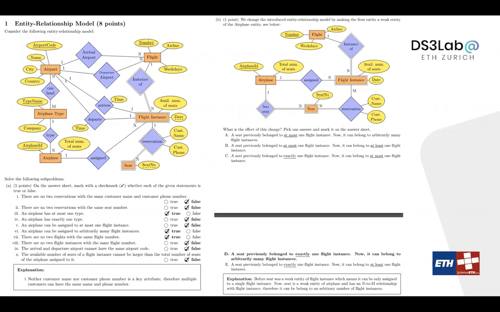Because this is a weak entity, you can have two seats with the same seat number in two different flight instances. Just like you have a building and a room, you can have two rooms with the same ID in different buildings. Makes sense.